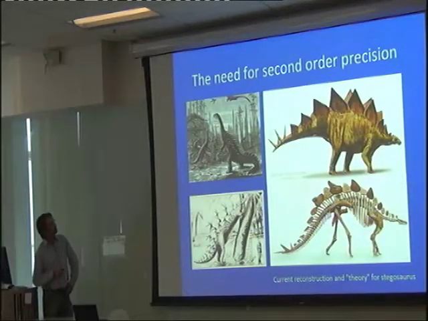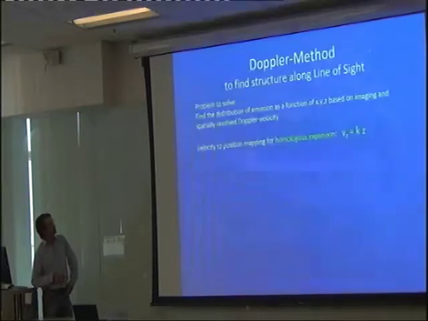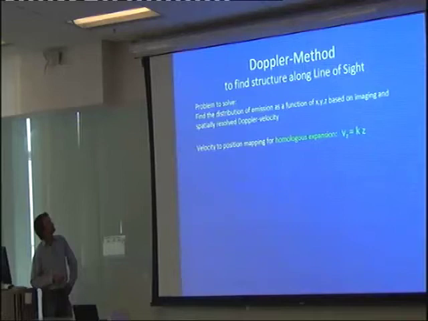Otherwise, we look at these kinds of animals, which were the first reconstructions that were done by the paleontologists, right? So, are we happy with this reconstruction, or do we want something like this? That's the question. If you want a better reconstruction, we need to take into account complications in the velocity field.